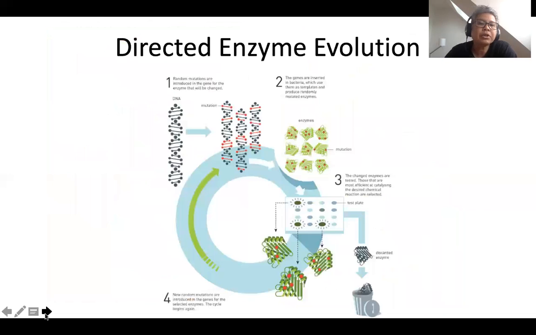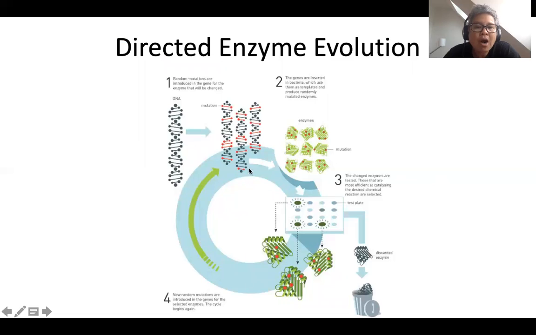All right, so this is the explanation from the website of the Nobel Prize Foundation. They talk about what I just said before. You have a gene of enzymes, you create mutations, and it produces enzymes of many kinds with different mutations, and you select for the one that has a property that you like.